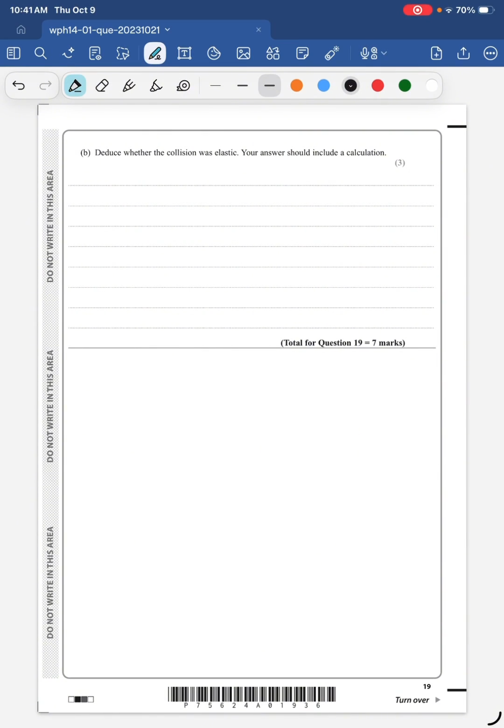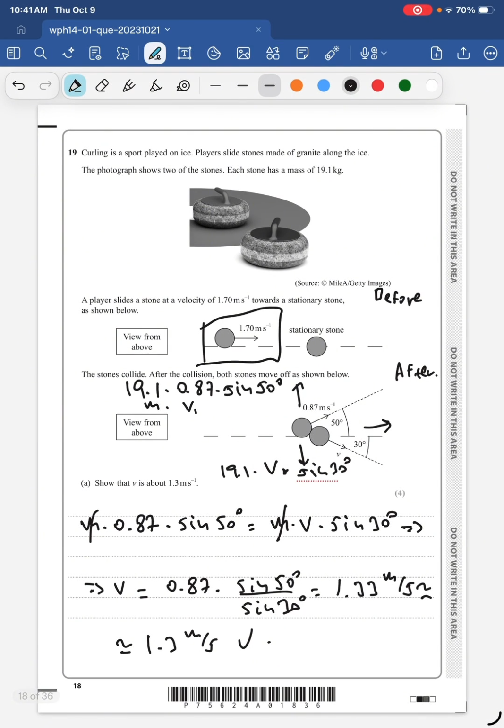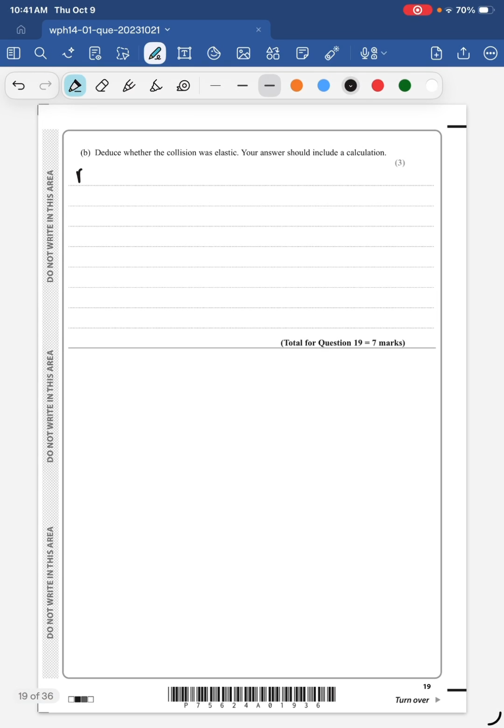All right, we basically have to find the total kinetic energy before. What's the total kinetic energy before? It's simply 1/2 m v before squared, KB, which means K before.